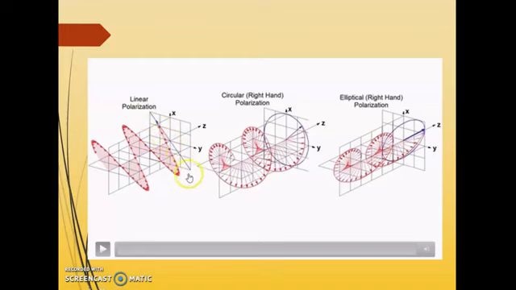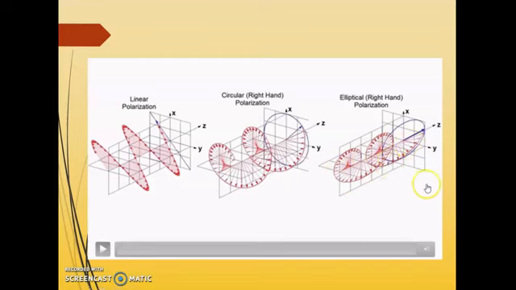And here, this is a circular polarization where my polarization is along a circle, the magnitude remaining the same, but the orientation changing. That is my blue circle, the projection of the circular polarization. And the last one is the projection of the elliptical polarization. Not only is the magnitude changing, but also the direction.